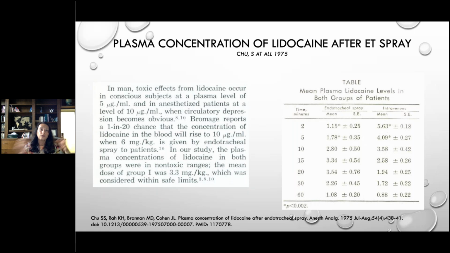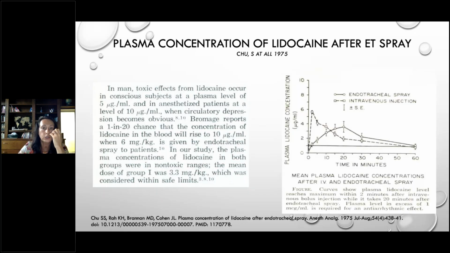Then there was another very old study who used, again, a different methodology. They used 6 patients where they had just sprayed 4% lidocaine LTA, just what we use for intubation, and then they compared that to 9 patients who received 2% lidocaine, 1 milligram per kilogram as IV administration, and they were measuring the plasma concentrations.